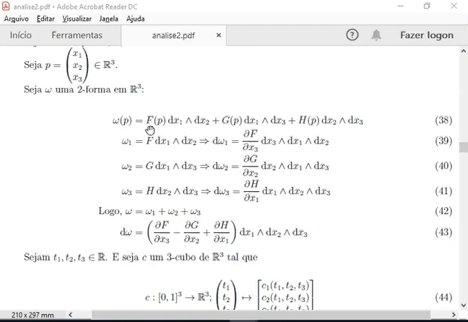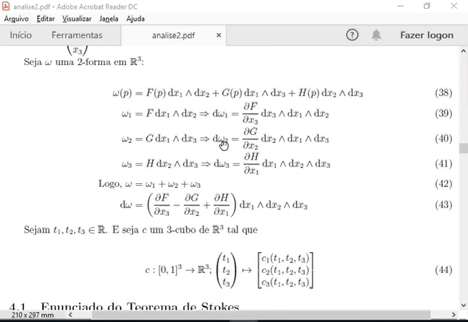Omega is f dx1 wedge dx2 plus g dx1 wedge dx3 plus h dx2 wedge dx3. Separating omega 1, omega 2, omega 3. What is the differential? The differential of omega 1 is the partial derivative of f in relation to x3, dx3 wedge dx1 wedge dx2.